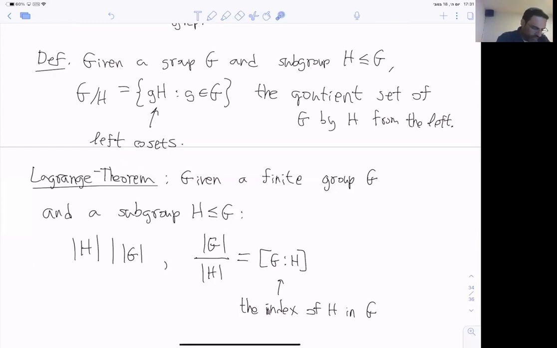The order of H divides the order of G, so we call the quotient, the ratio, the index of H in G.